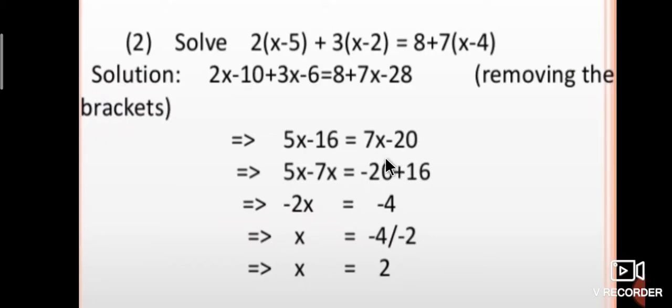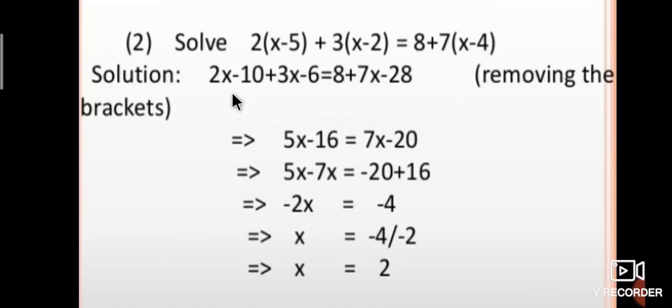Similarly, next one is: solve the equation 2 into (x minus 5) plus 3 into (x minus 2) is equal to 8 plus 7 into (x minus 4).